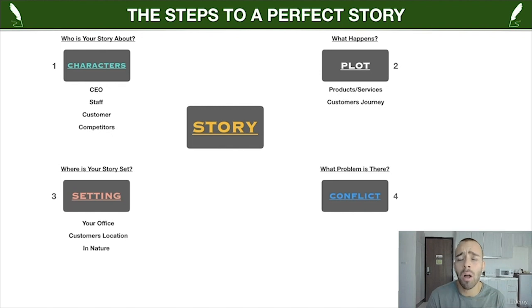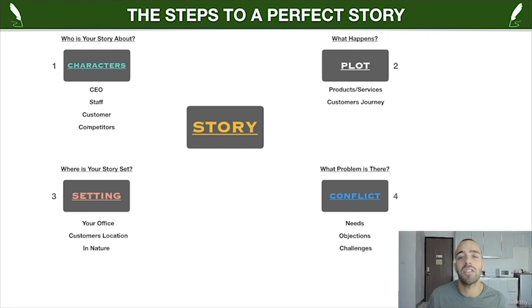So what problem is there is what you have to find out. And it could be any needs that your customer is having. It could be any objections that you're facing. It could be some kind of challenges. So we're having the characters, the plot, the setting or the location, and some kind of problem, a conflict.